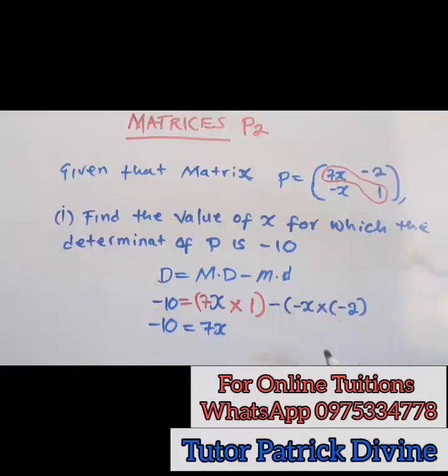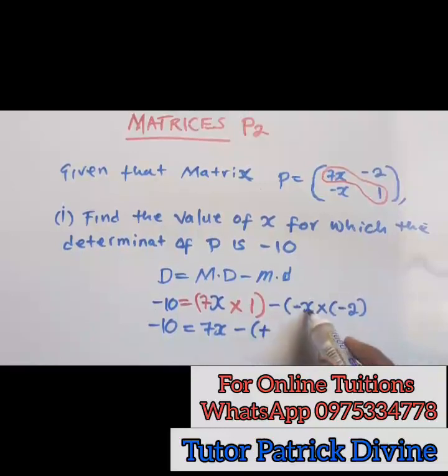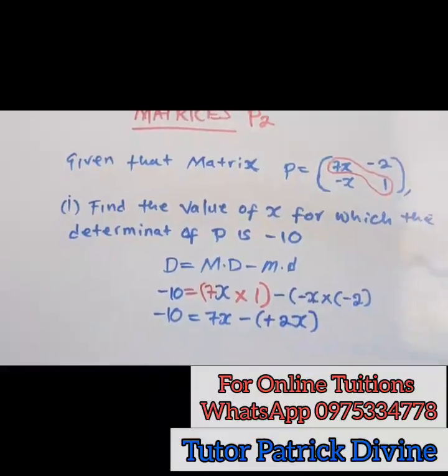Firstly, you copy it the way it is. So this is negative x times negative 2. Negative times negative gives you positive, and x times 2 is 2x. Are you able to see?